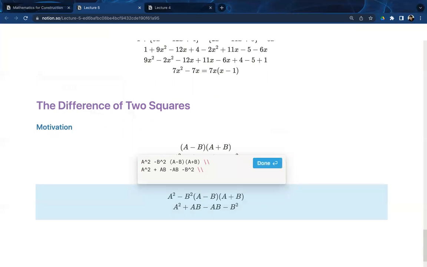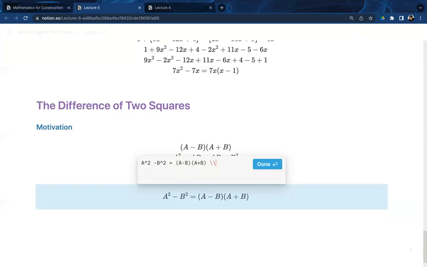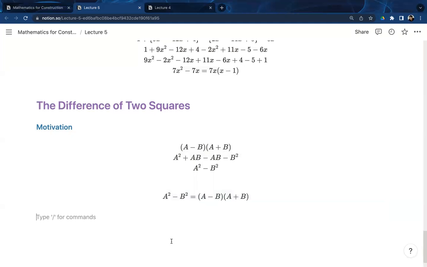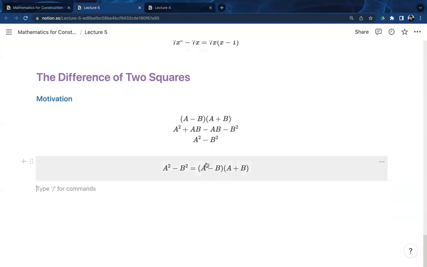So the difference of two squares is actually equal to the product of two brackets. This is the summary of it here, right?